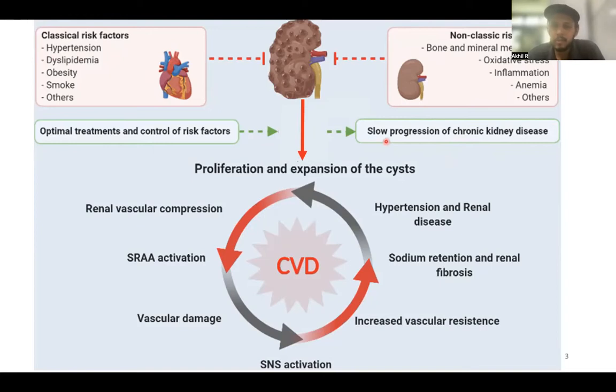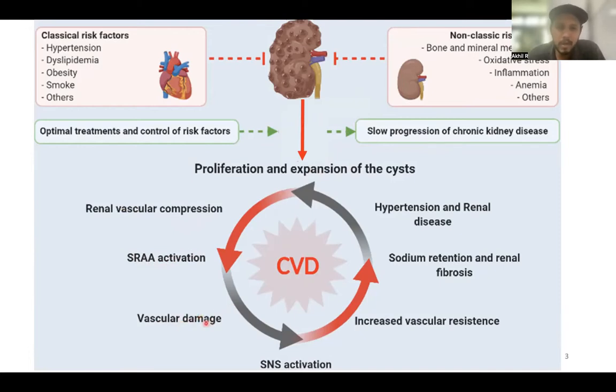Since the progression of the disease is extremely slow, proliferation and expansion of these cysts will take time. As a result, an increase in renal vascular compression will be observed because of this prolonged pathological condition, which will activate the renin-angiotensin-aldosterone mechanism. Since this is a systemic activation, cardiovascular disease will be triggered by vascular damage.